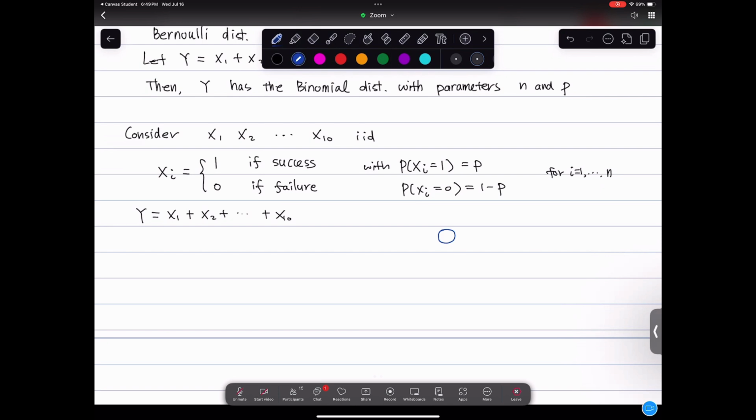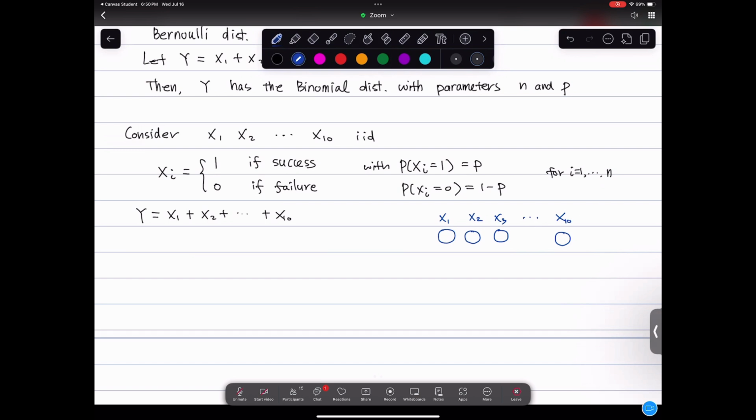X1 is a random variable that tells me whether it's 1 or 0, bad or good. X2 is about the second item, and the same way I go through every one of them, all the way up to X10. We have 10 different items, each 1 or 0, all random variables, and all independent.